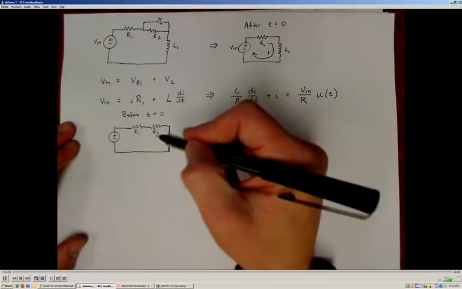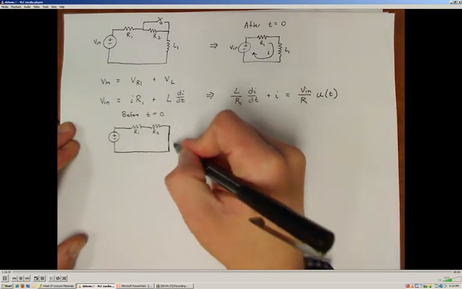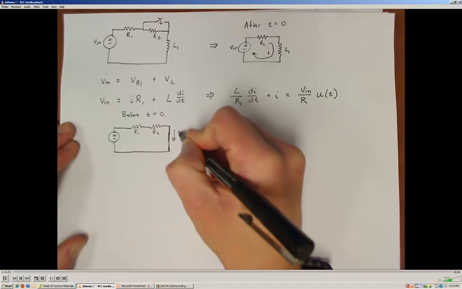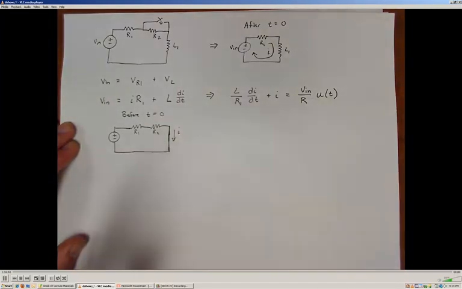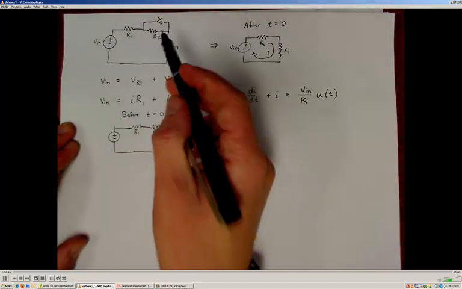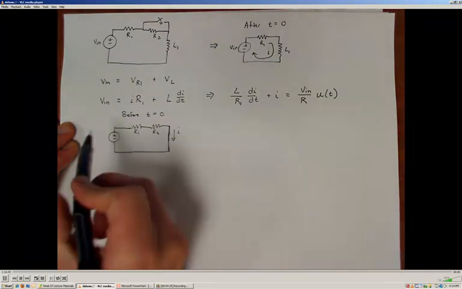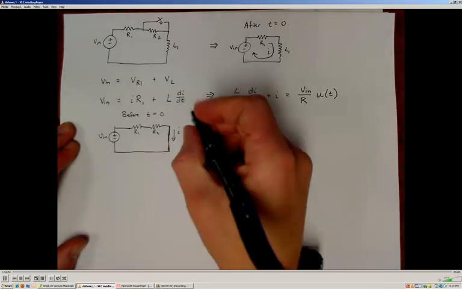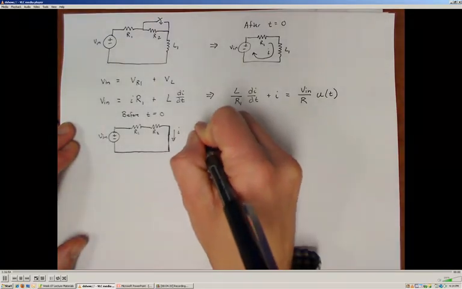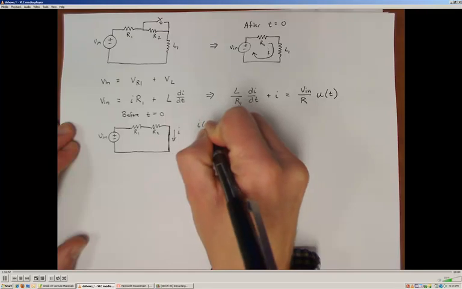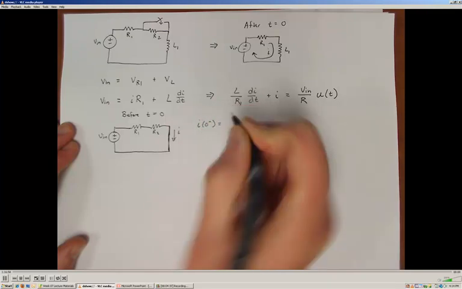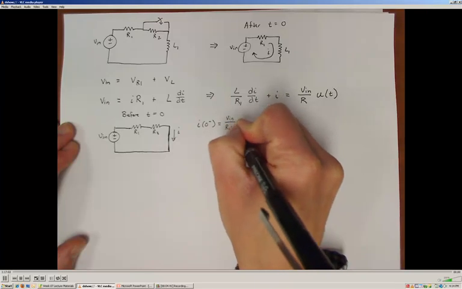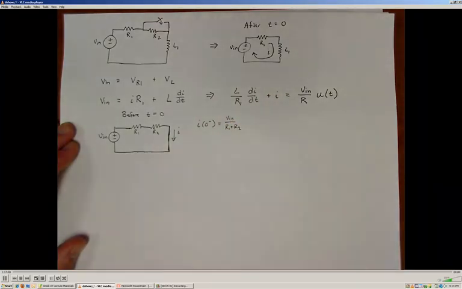The magnetic field becomes fully established and there's no potential and no resistance to current flow. So all of the current through the system just before that switch closes is going to be solely dictated by the input voltage and the total resistance in the system. So in this case, just before the switch closes, the current through the system is going to be Vin over R1 plus R2.